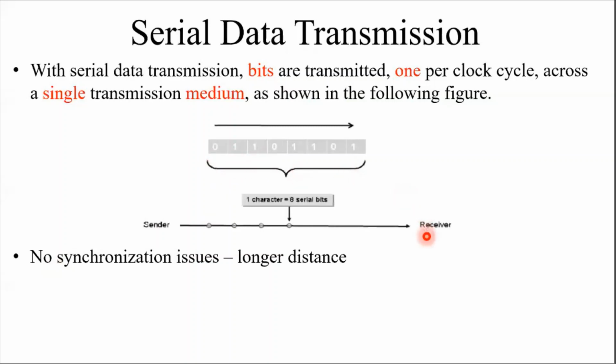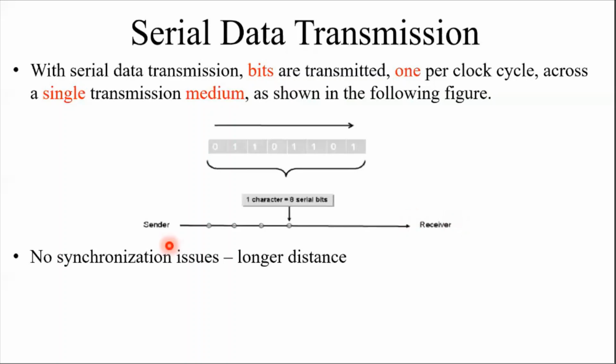The receiver will receive in the order that is sent by the sender: the first bit as 0, then 1, then 1, 0, and so on. So whatever data is sent in whatever order by the sender, the receiver will also receive in the same order.